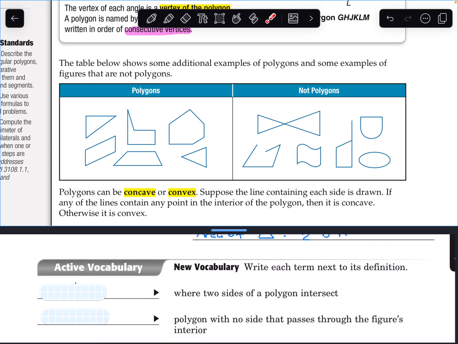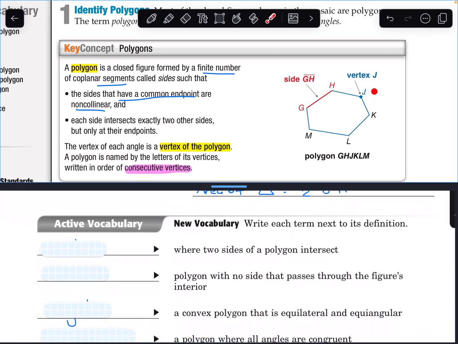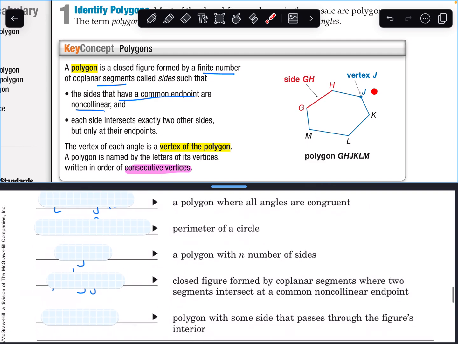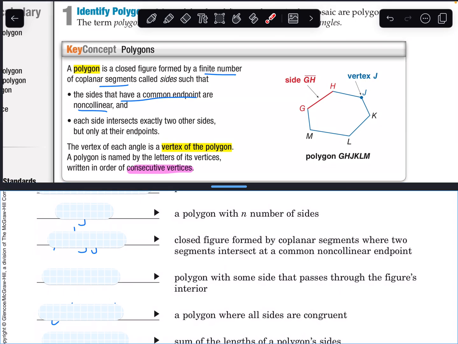The table below, oh, wait. Let's fill in our vocabulary before we keep reading. Closed figure formed by sides. Let's see down here. It's a bit of a mouthful, but for the sake of absolute clarity, what is and is not a polygon, we need all of those words here.